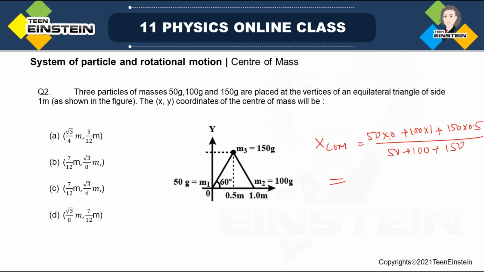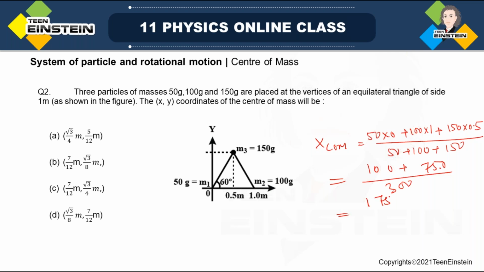Okay, so all these are in gram, that's fine. So this will give you 100 plus 750, and this will give you 300.